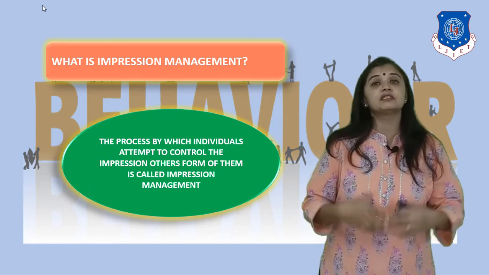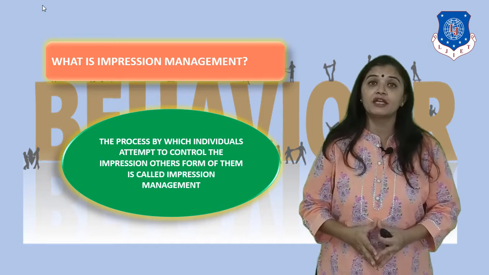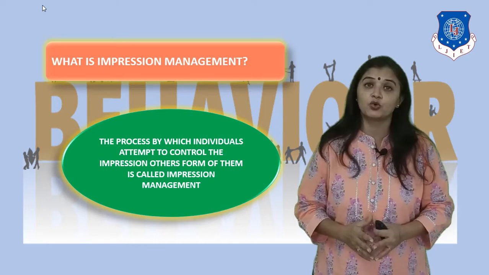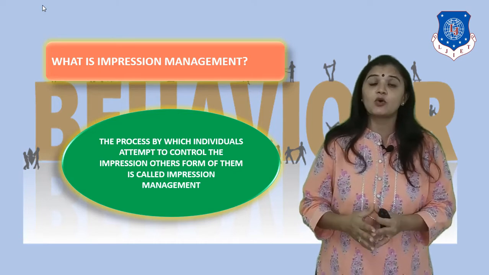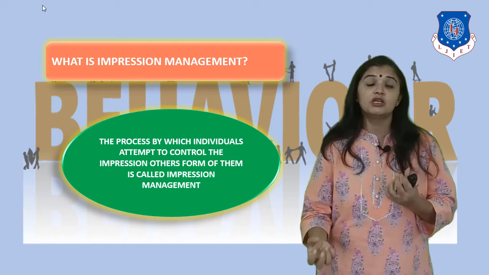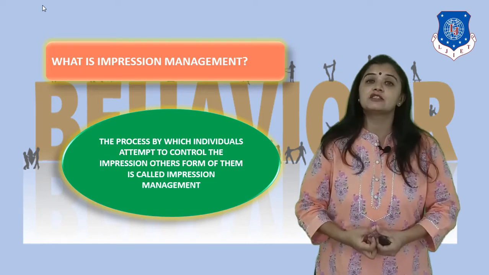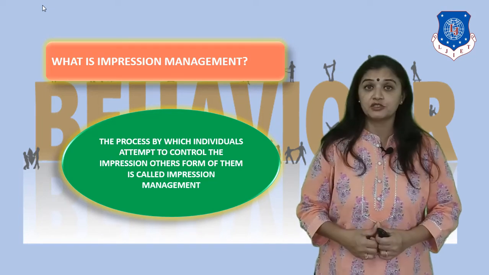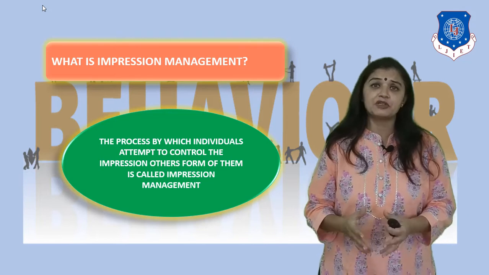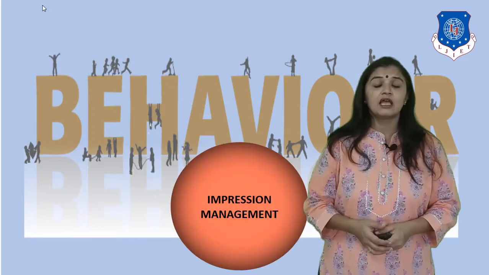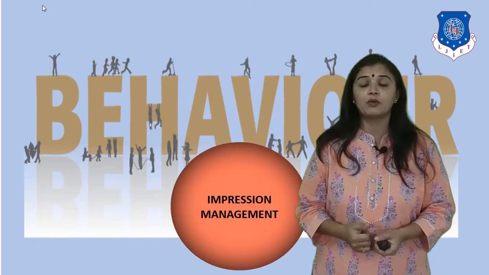They want to create a good impression and avoid creating a bad impression. When a person tries to control both of these, it is called impression management. Now there are various impression management techniques. Let us see them one by one.